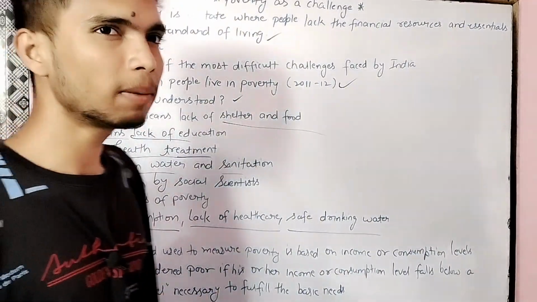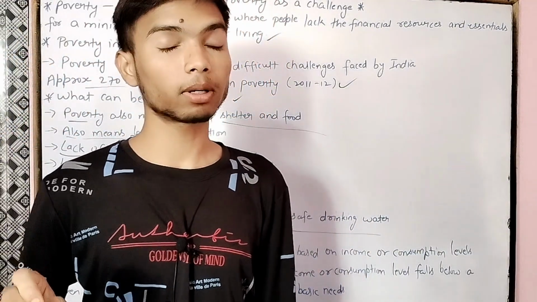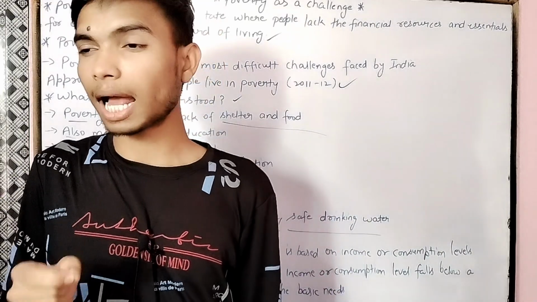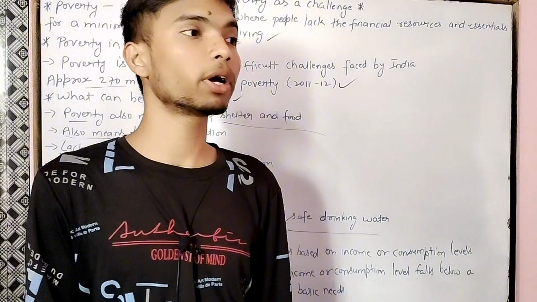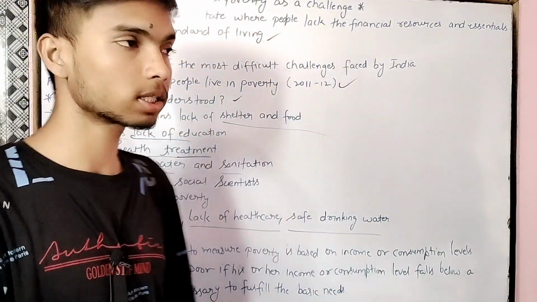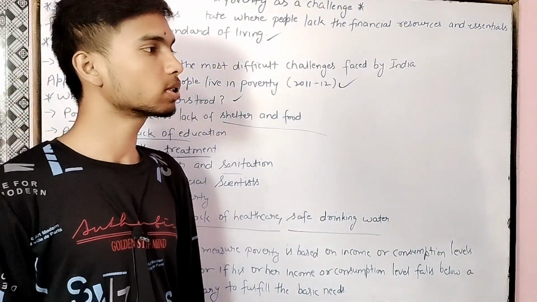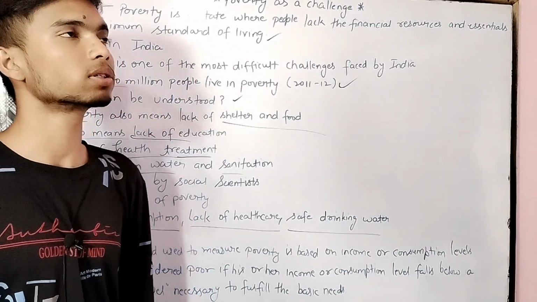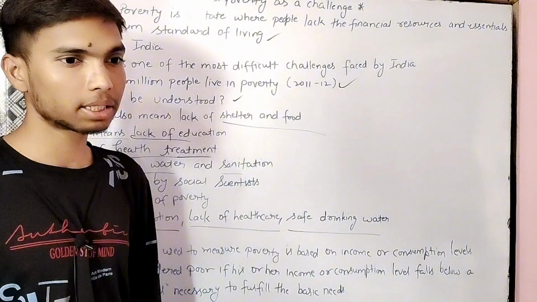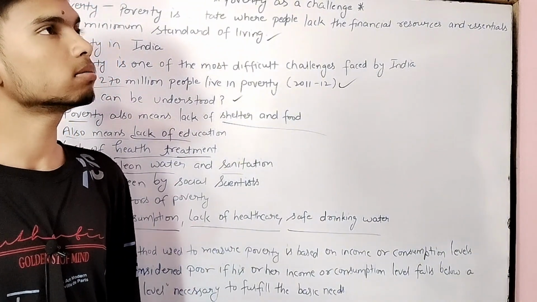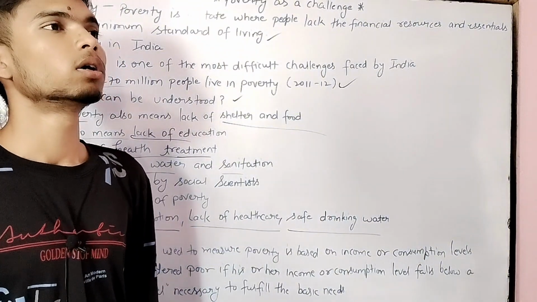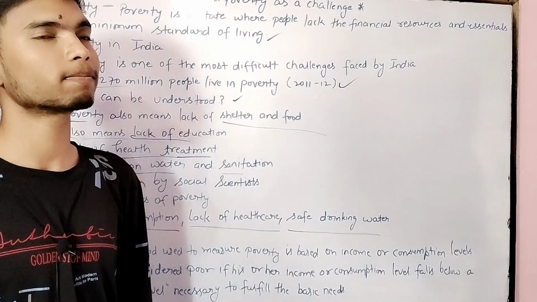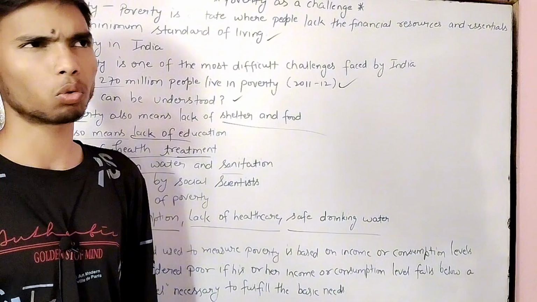Income: today people are earning. Okay, today people are earning money, but the salary is less compared to expenditure. Someone is earning, say, 10,000 salary, but the same person needs to spend, say, 15,000.